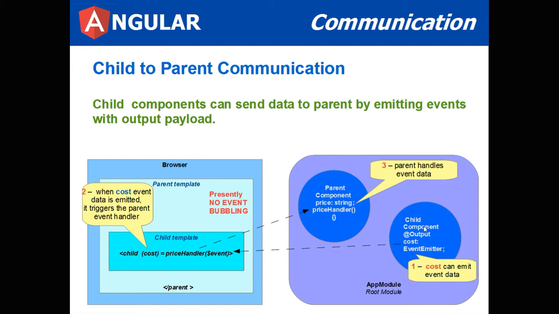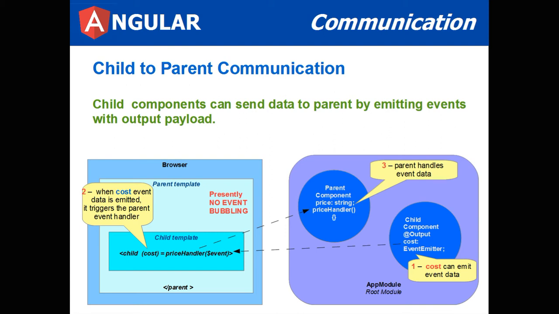You have a cost, which is of type EventEmitter. And what you do with the cost is you emit events. And the change detection says, okay, when cost changes, it'll emit the event. And the event comes up into the child template.